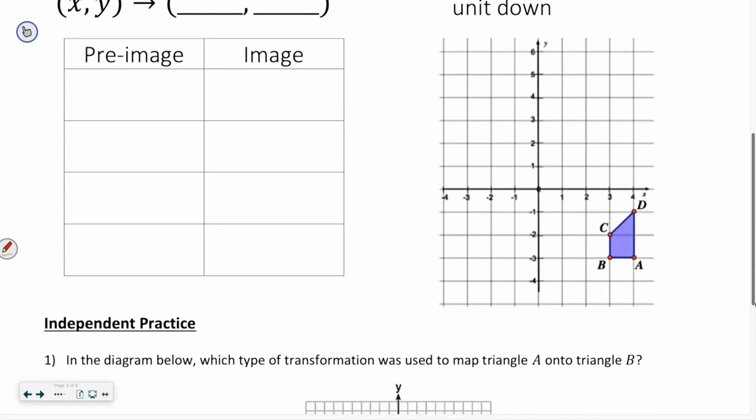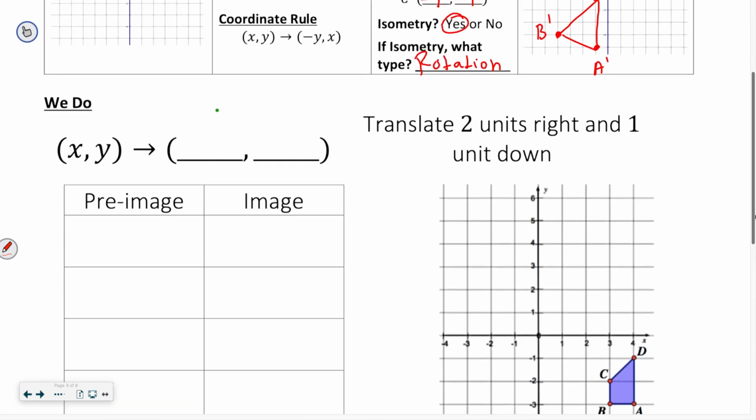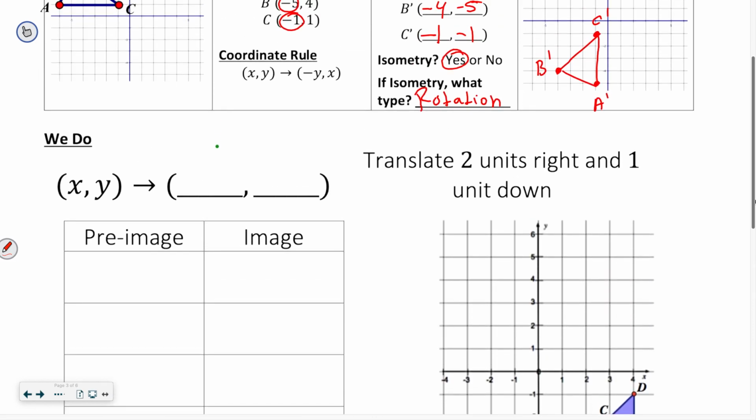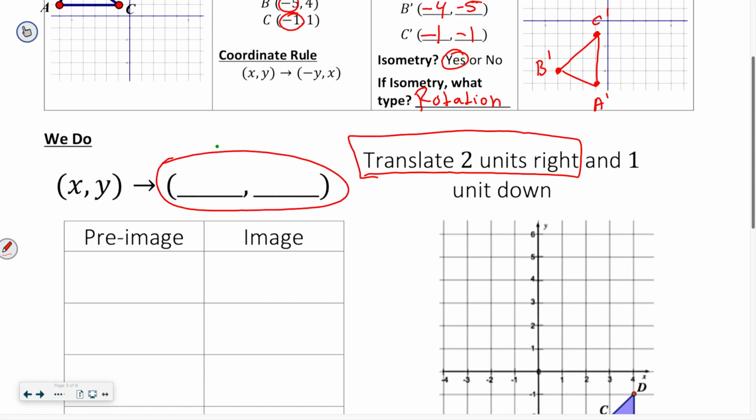For this last one, this is where you guys need to do the independent practice, okay? If I need to translate 2 units to the right, what does that mean? What is changing, the x or the y? Because I need to come up with a rule here. What is changing, x or y?